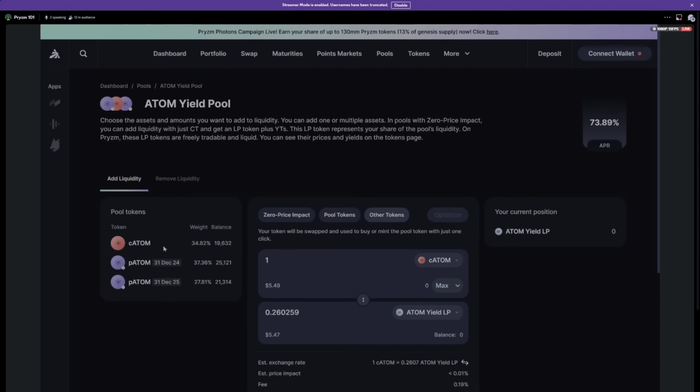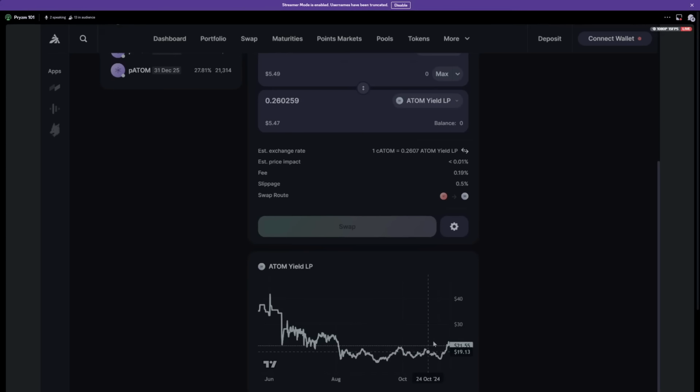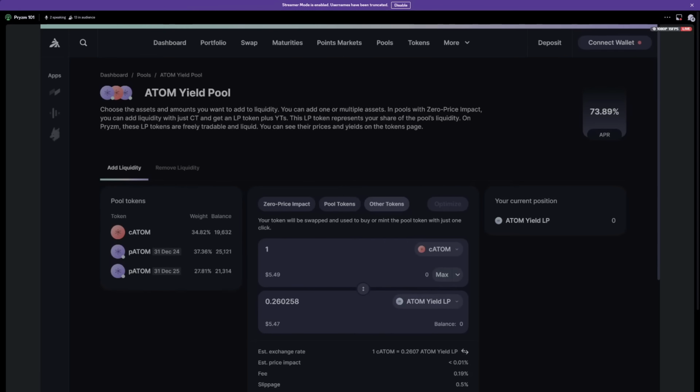And if you add one of the assets to the pool because you want to own a share of the pool, then in the background it's going to swap some of your assets so that the pool stays balanced. And actually you can just buy the token itself and hold the token, and you can see the performance of the token, how the yield LP has done.